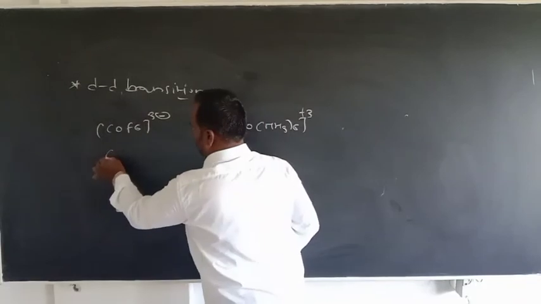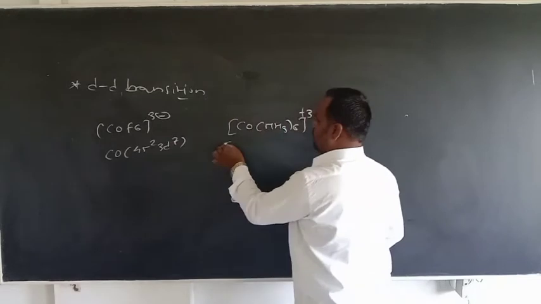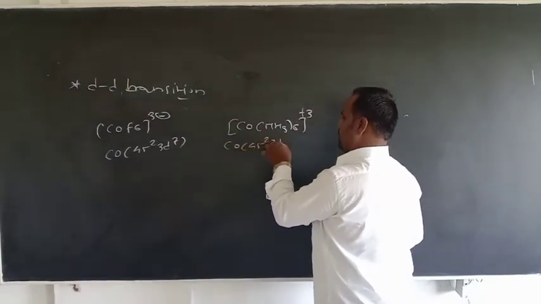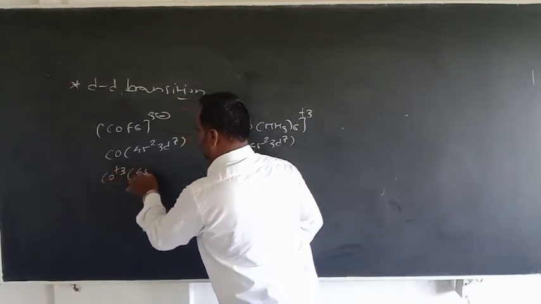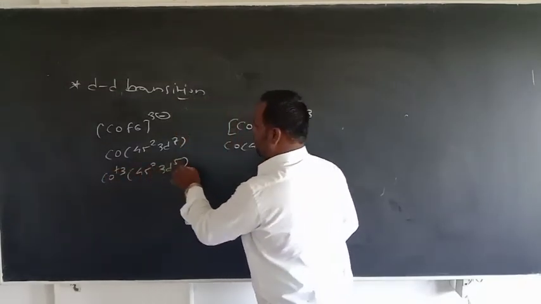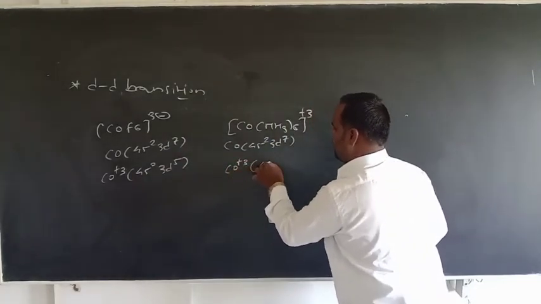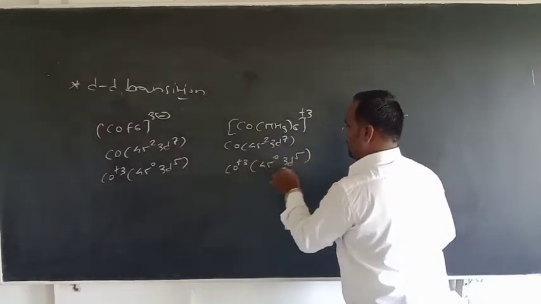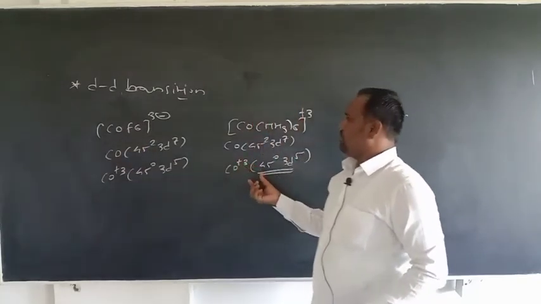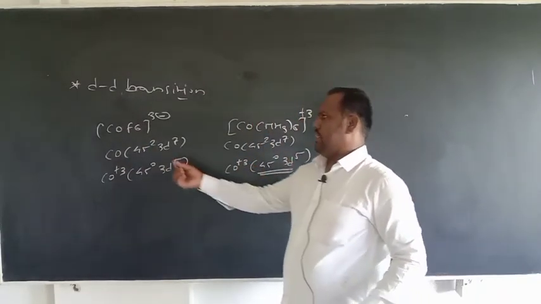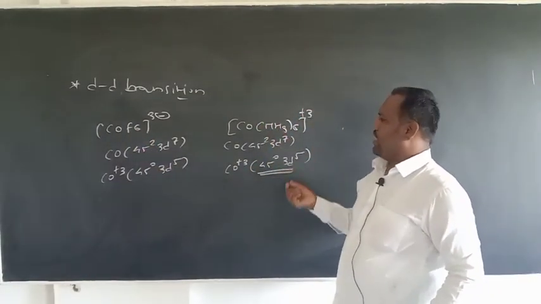In this case cobalt has a 4s2 3d7 configuration, and here also cobalt has a 4s2 3d7 configuration, but in both cases cobalt is in the +3 oxidation state, so 4s0 3d6. So this cobalt is +3, this cobalt is +3, but you should keep in mind the ligand: these halides are weak field ligands, while ammonia is considered a strong field ligand.